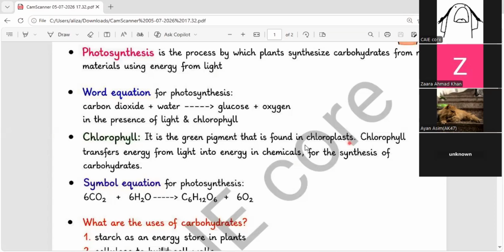This chlorophyll is present in the chloroplast, and it's the green pigment which gives a green color to the plant. The green color which you see in the leaf is because of this chlorophyll. Chlorophyll transfers energy from light into energy in chemicals.